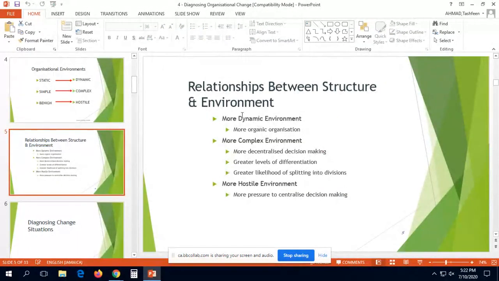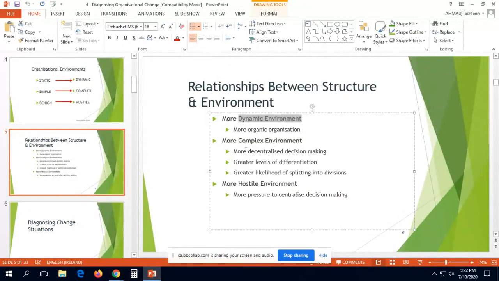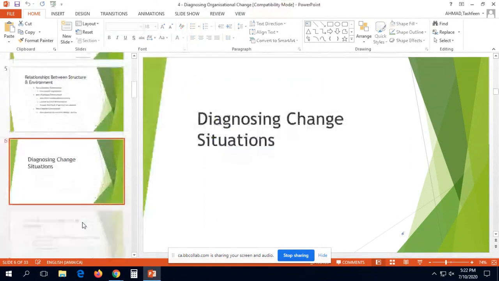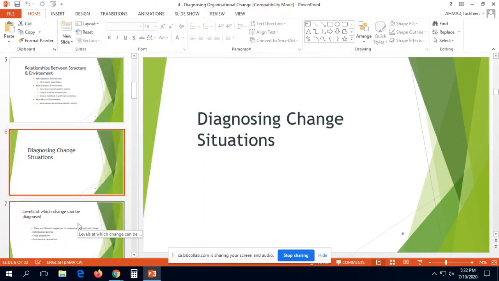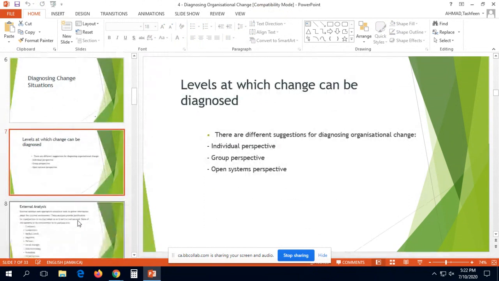So these things which I was trying to talk about: dynamic environment, complex environment, hostile environment. You would want to read a little bit more in detail about these things and see how other scholars are explaining these type of concepts. You can use YouTube and so on, run some searches.